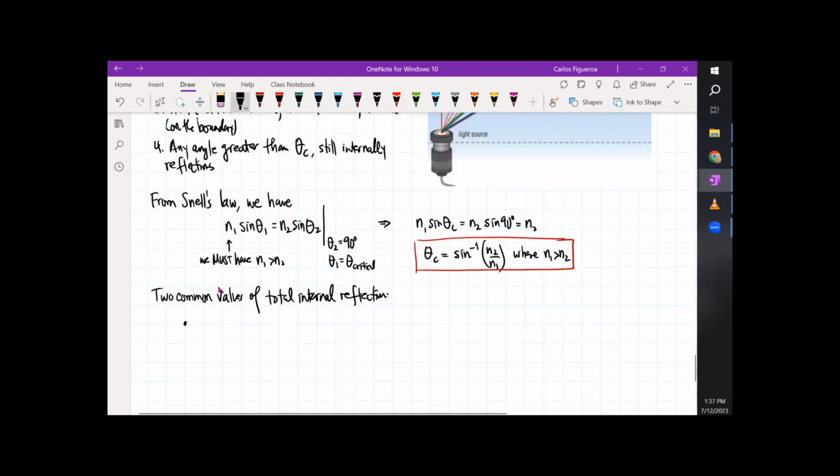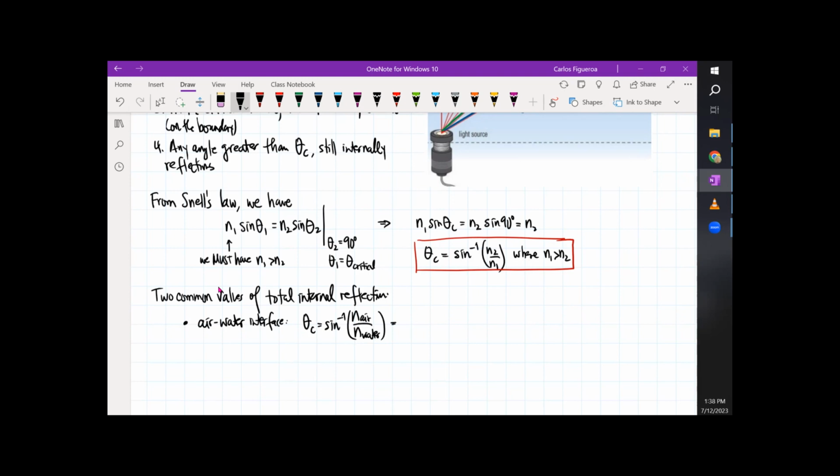One of them is for the air-water interface. If you do that, the critical angle is going to be sine inverse of the index of air divided by the index of water.